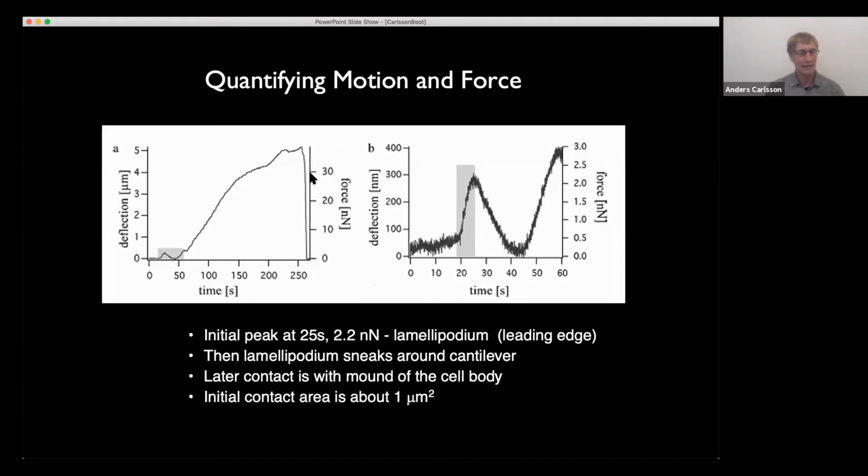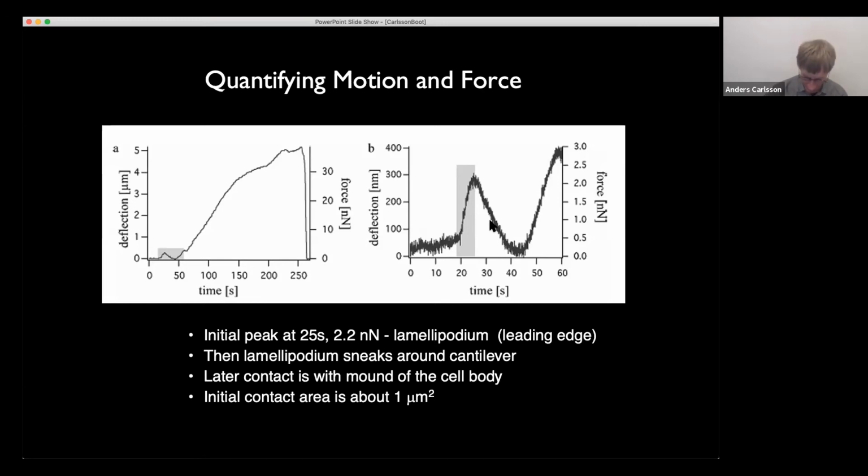And so this is a quantification of that. It turns out the most interesting thing for us is this first part here, and that's blown up over here. The cell hit the lamellipodium of the cell, first makes contact here, and then the force starts to climb. And it turns out that then a funny thing happens. It's as if the lamellipodium gets wise and it starts to sneak around. So it sneaks around the cantilever, and then the force drops while it does that.